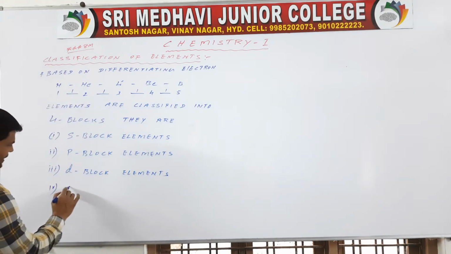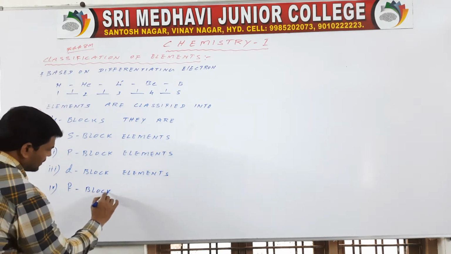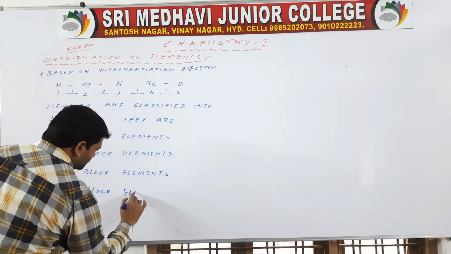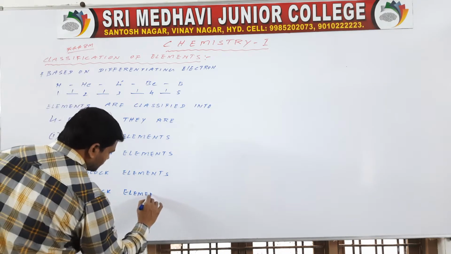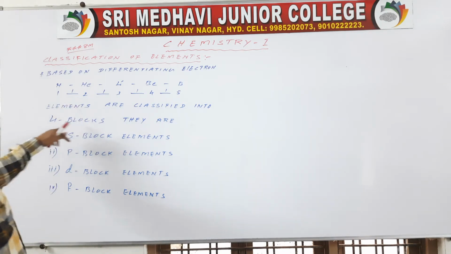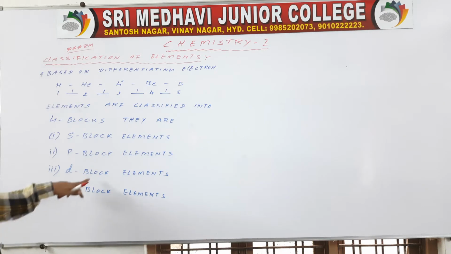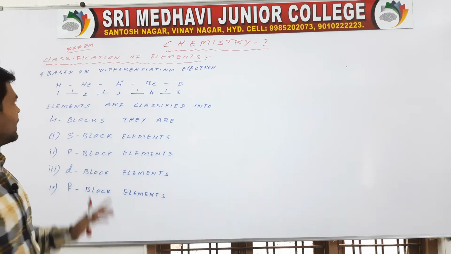Next, fourth one is F block elements. Okay students, how many blocks do we have? 4 blocks. They are S block elements, P block elements, D block elements, and F block elements.